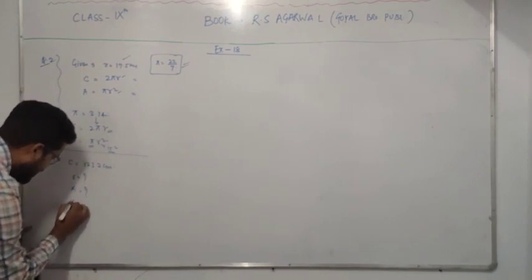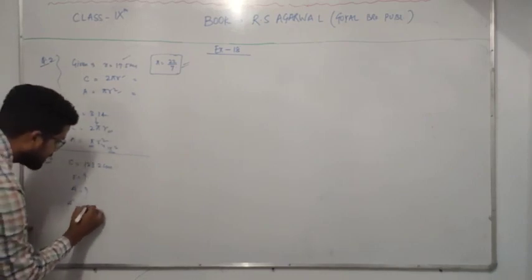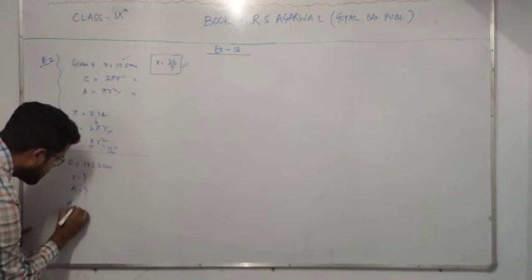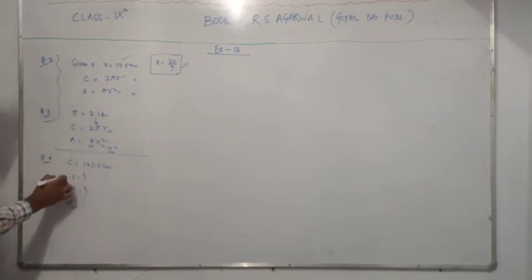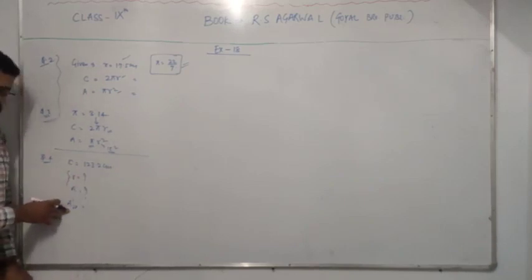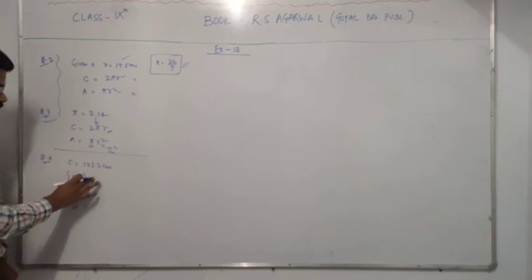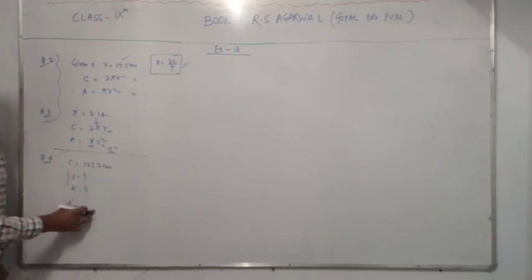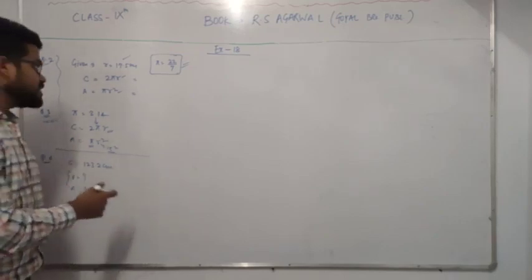Again find the area A dash when the radius is 2r. So simply double the radius and put the value in the formula. So how to proceed with this question?